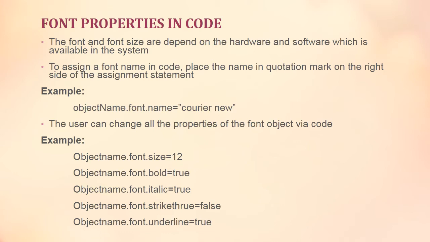Similarly, we can access all the properties of the font using the Font object. Object name dot Font dot Size. So we can set the size of the font, bold, italic, strikethrough and underline through the coding.